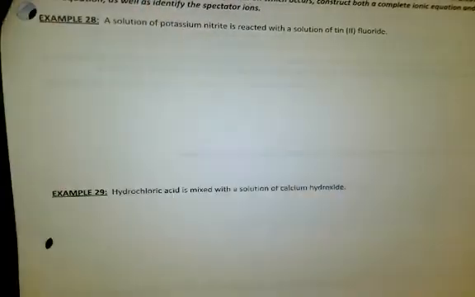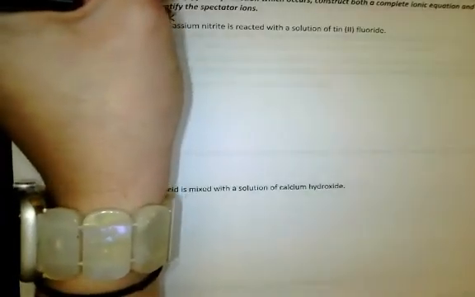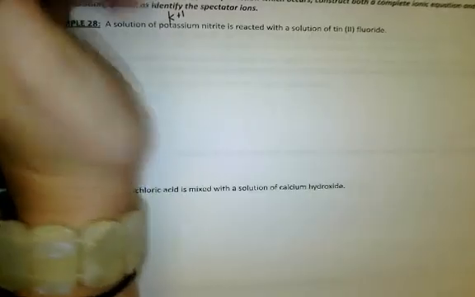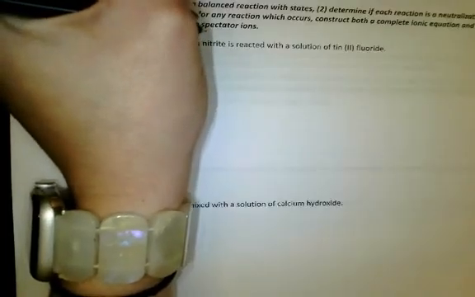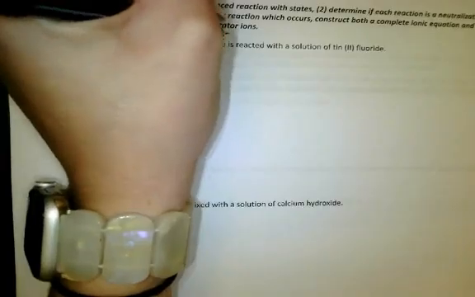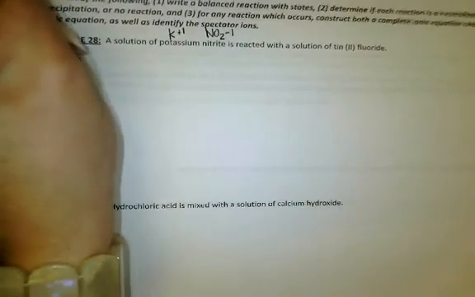Now potassium's charge is what? +1. Okay? Now nitrite, the whole thing, formula and all, what is it? NO2 -1. Okay? NO2 is nitrite, right? So our formula is going to be KNO2, 1-to-1 ratio.